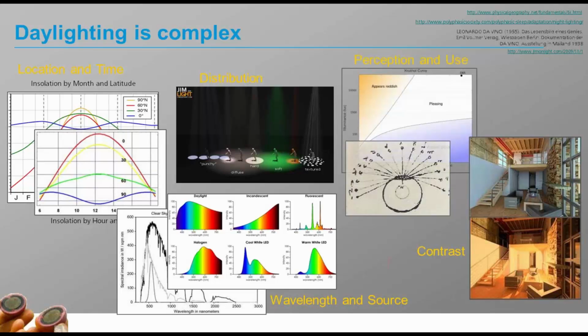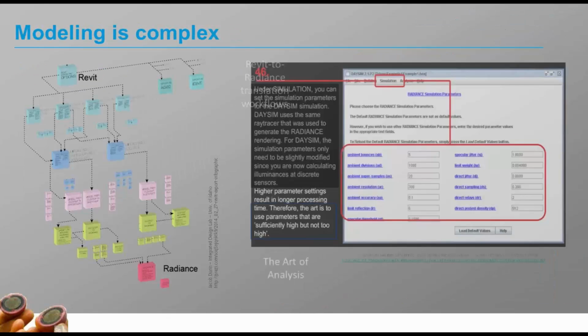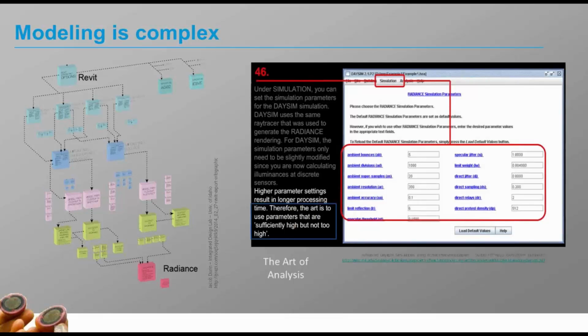Here's a diagram showing the process of taking a Revit model, going into Radiance, and running a simulation. Here's step 46 in a 64-step simplified process of running an analysis in DaySim.